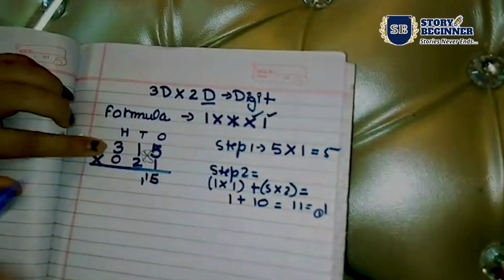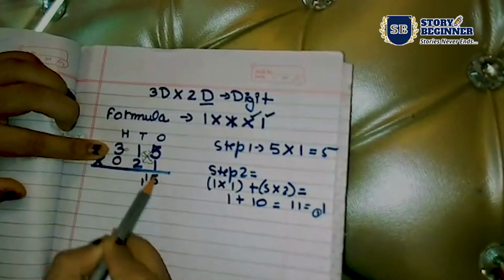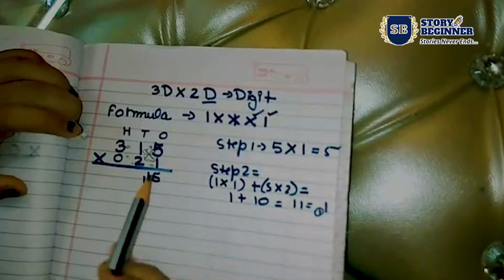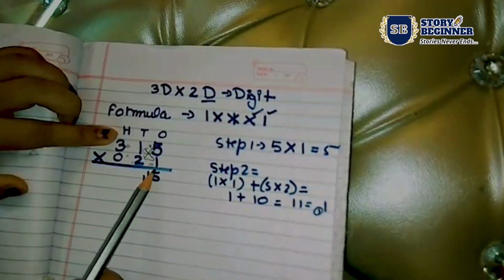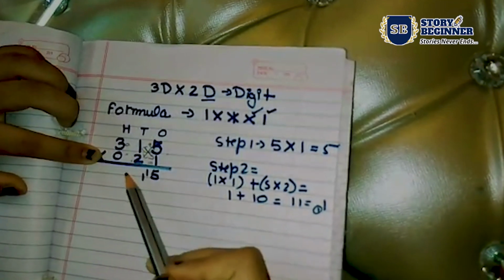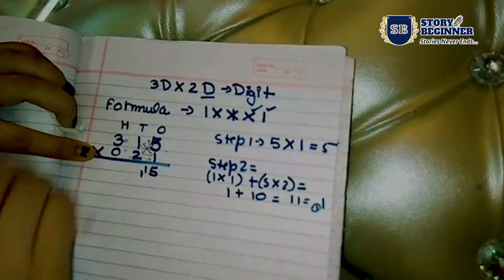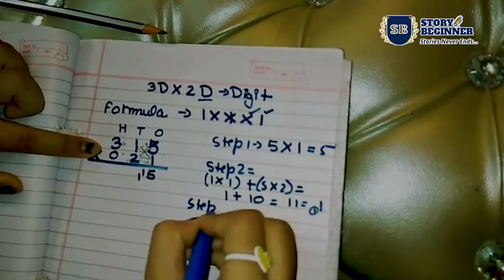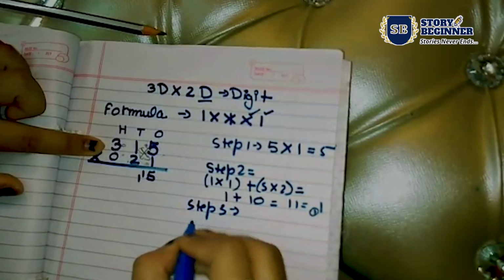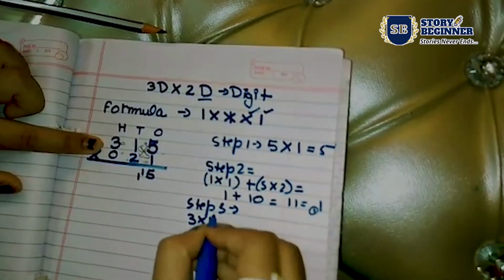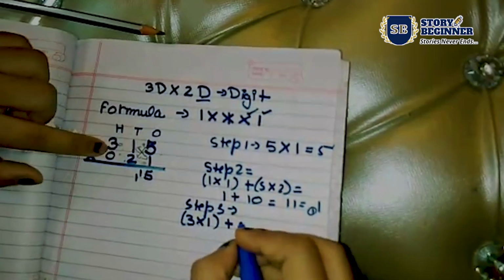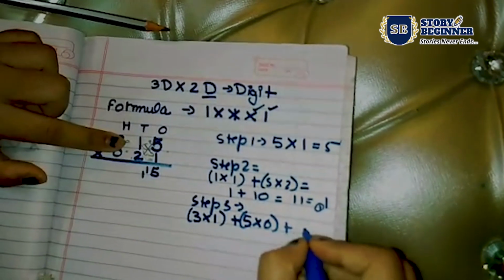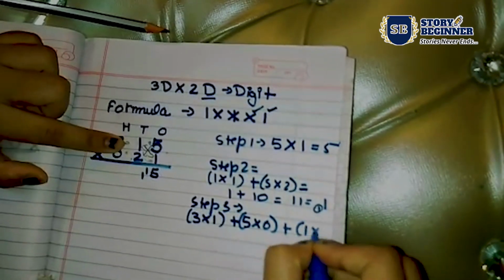Now it's the star. We have to multiply hundreds by ones, tens by tens, and so on, and then add all of them. Step 3: 3 into 1 plus 5 into 0 plus 1 into 2.